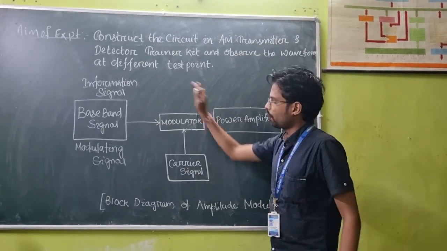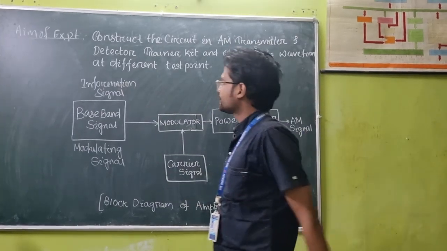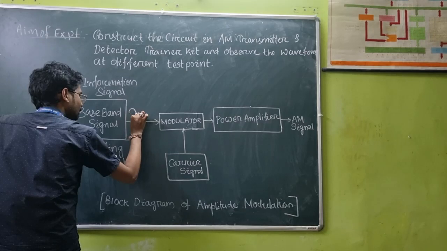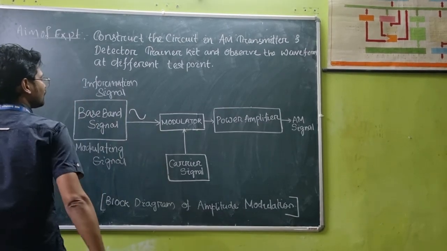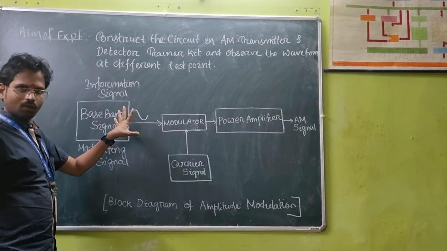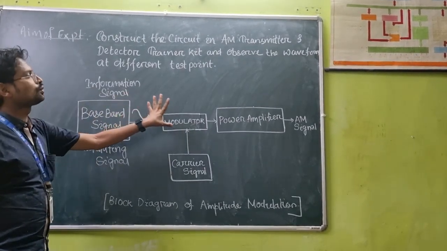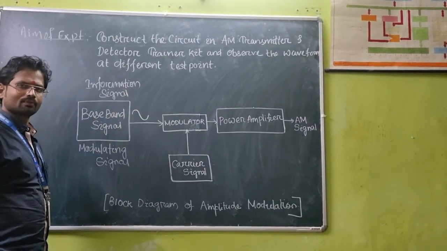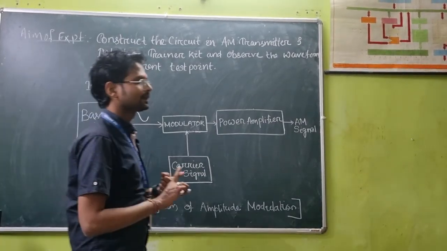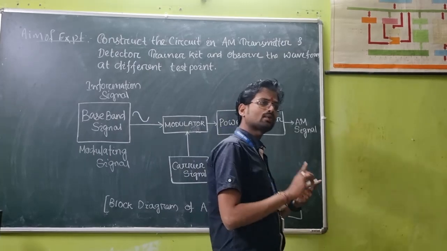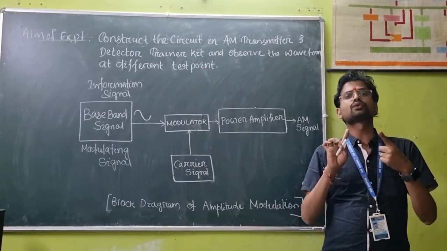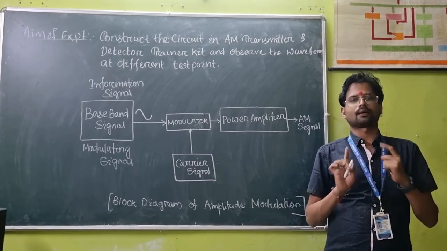Now see the block diagram, where this is the information signal, which may be an audio signal, or a video signal, or any other information signal. This signal is fed to the modulator. A modulator is an electronic circuit which is generally used to modulate two signals.